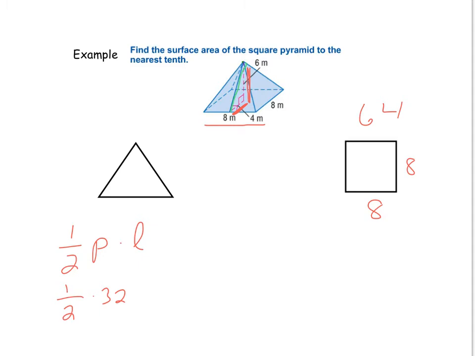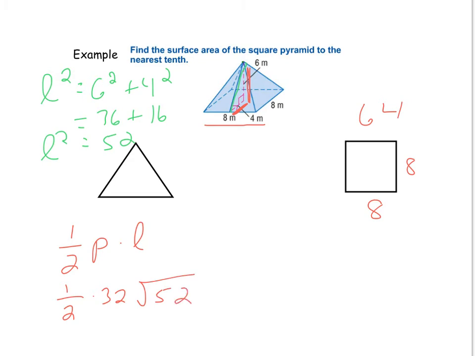So I know my slant height, L squared, is equal to 6 squared plus 4 squared. Well, that's 36 plus 16. So L squared is equal to 52, which means my slant height is root 52. So we'll put that right down here.